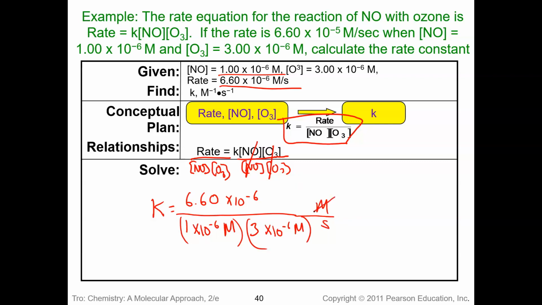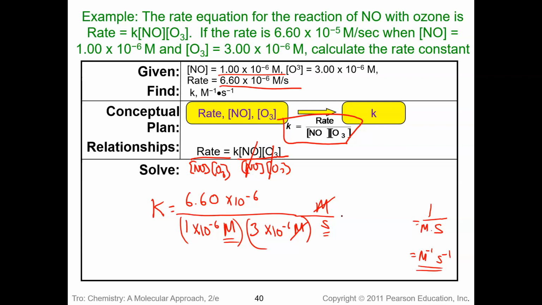You can see this M crosses off with this M, but we still have an M and an S. So our units end up being 1 over M times S. By the way, Ks have crazy units. You're going to see crazy units. That would be the same thing as M to the negative 1, S to the negative 1, right? So those are our units.